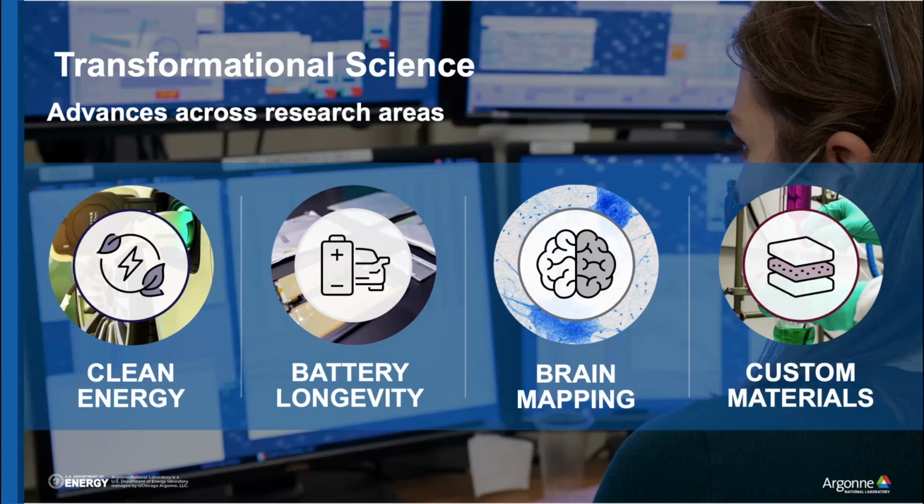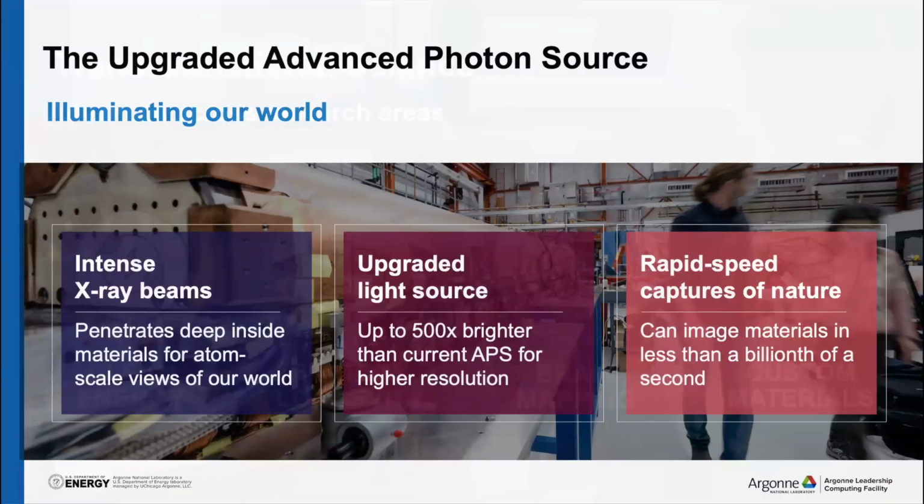And in all of this research, the Advanced Photon Source has actually gotten better. Next slide, please. The Advanced Photon Source was recently upgraded. Last year, they replaced the entire electron storage ring and made it so that it produces X-ray beams that are more focused.